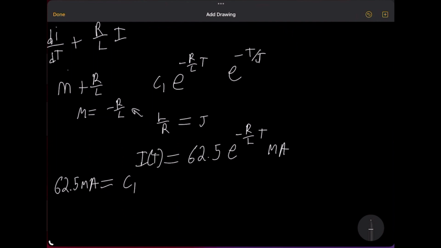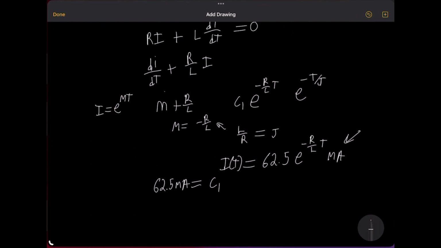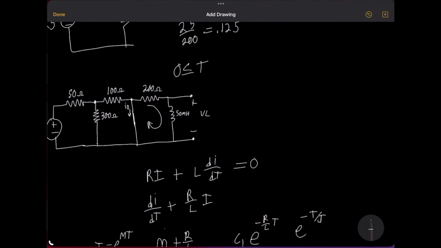And this is our function, or dampening formula, as time passes. And R over L, you can plug in those values. The resistor seen by that inductor is what R is, and it's only going to be 200.